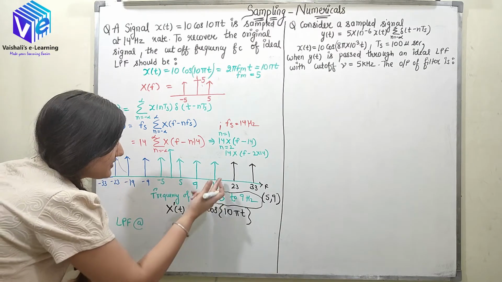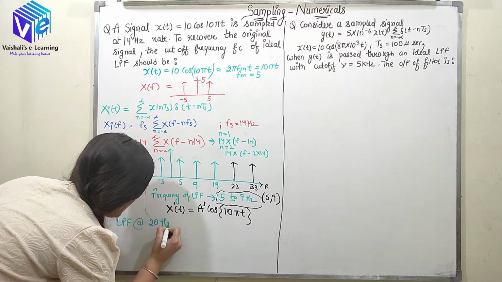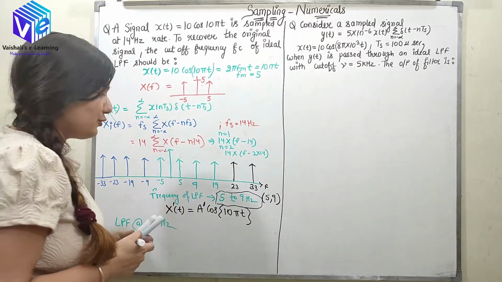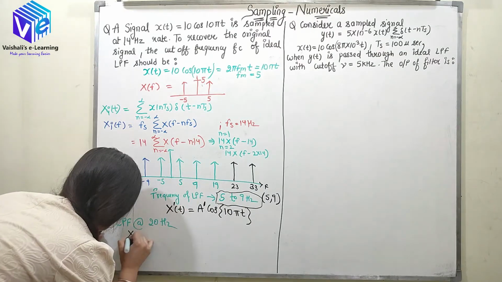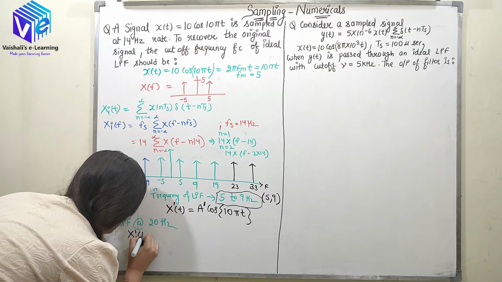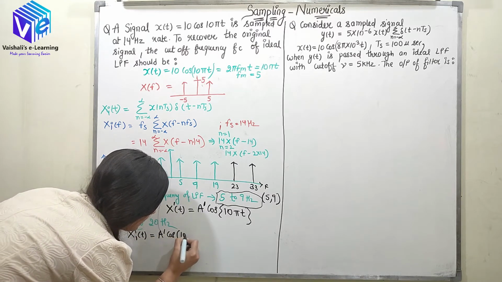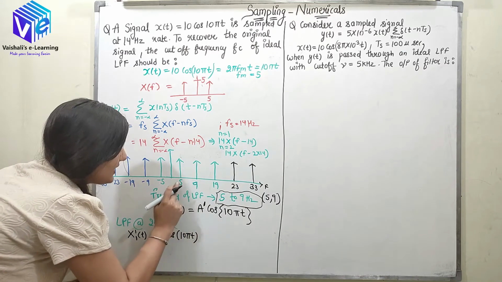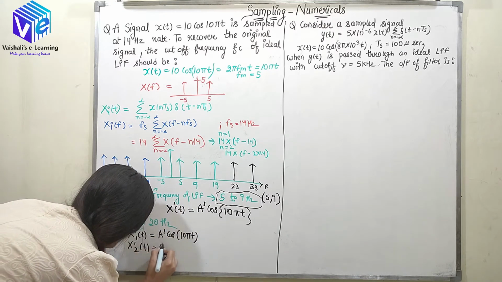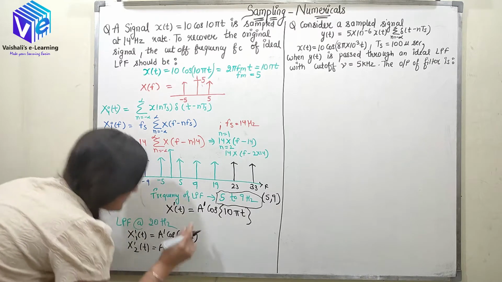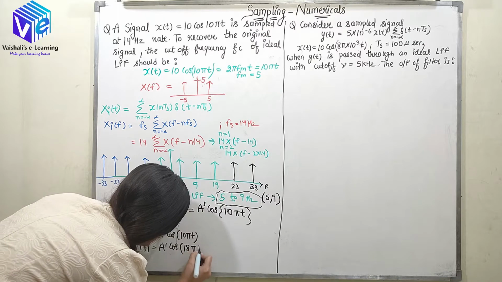So let's suppose I have the low pass filter at the frequency 20 hertz. So now what all signals would be the output? The first signal would be this signal, represented by x dash 1 t. It is a dash cos 10 pi t, twice into 5. The second signal x dash 2 t would be a dash cos twice of 9, so it would be 18 pi t.